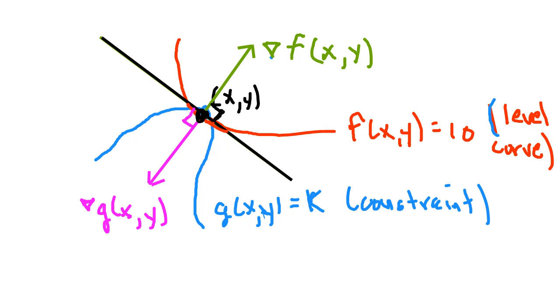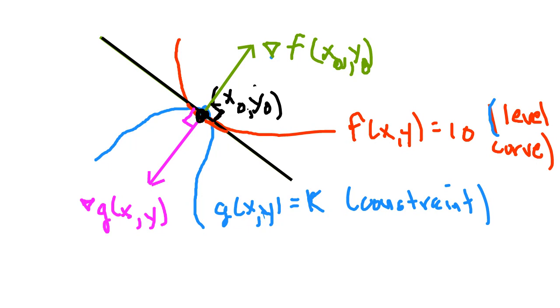And if I wanted to be a little more accurate here, let me call this point x sub 0, y sub 0. This green gradient vector is the gradient vector of f at x sub 0, y sub 0.